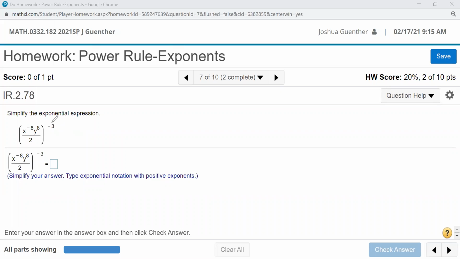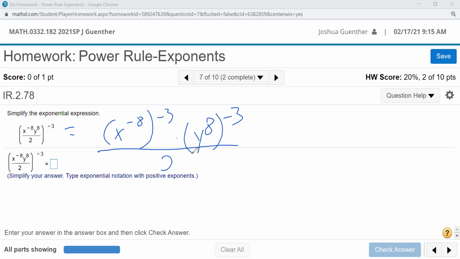Let us instead distribute this negative 3 power. So everything individually is going to be impacted by this negative 3 power.